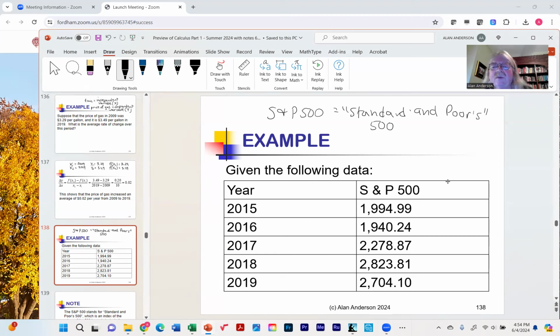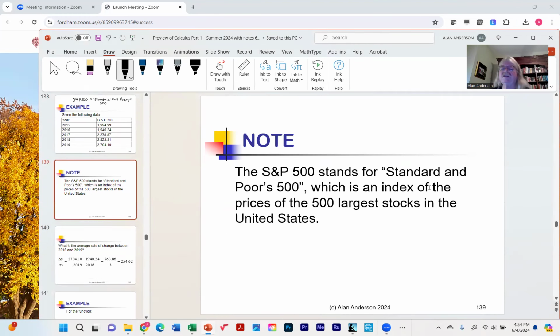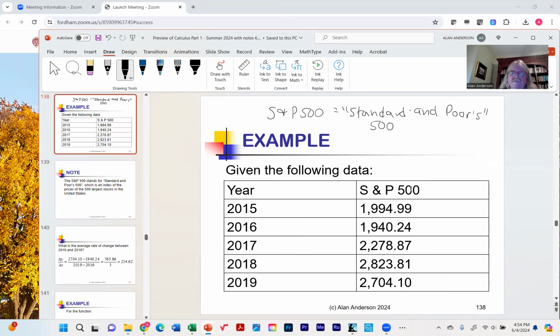So anyway, here what we want to know is, given this information, let's say we look at the period from 2016 to 19, right? And again, we're assuming that the year in which we observe this information is the independent variable, and the corresponding index here is the dependent variable.